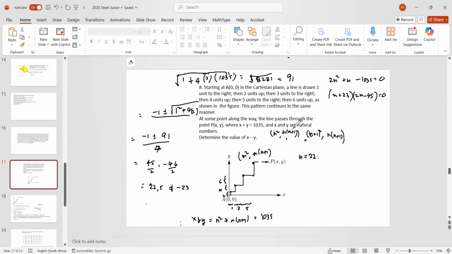Then the point that we have here is 22 squared, which is 484, and this is 22 times 23, and that gives you 506. And when you work on x plus y in this case, you got 990.